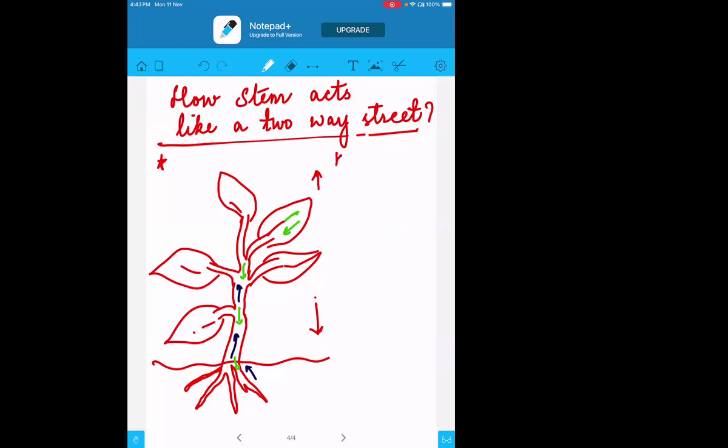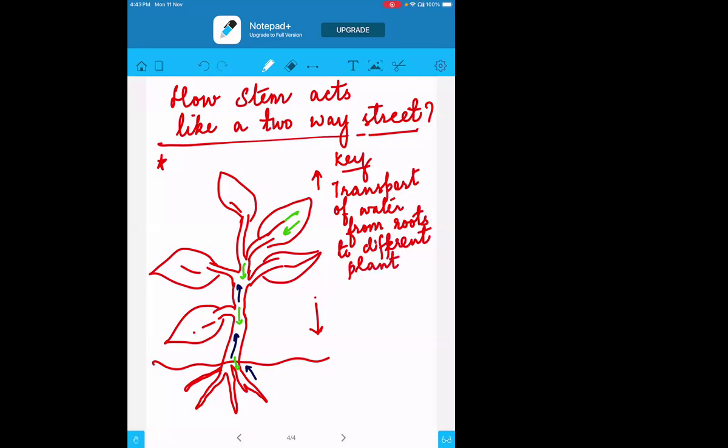So the key highlight is transport of water from roots to different plant parts. This is the first point related to it.